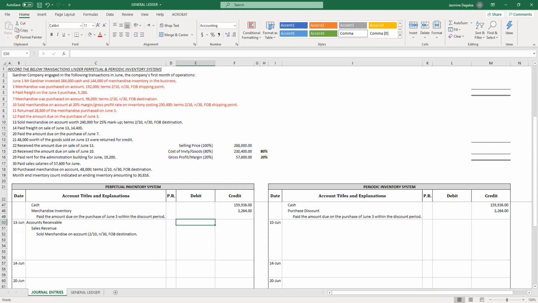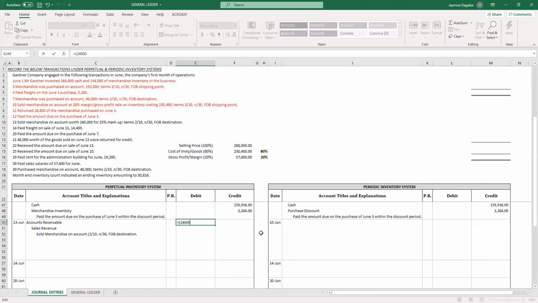But i-minus pa siya, ma'am? Or i-add. I-add nyo. Okay. Yan, 300,000. Kasi, magkano yun? 240,000 plus 60,000.